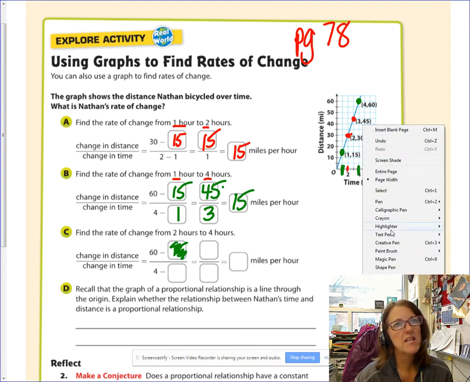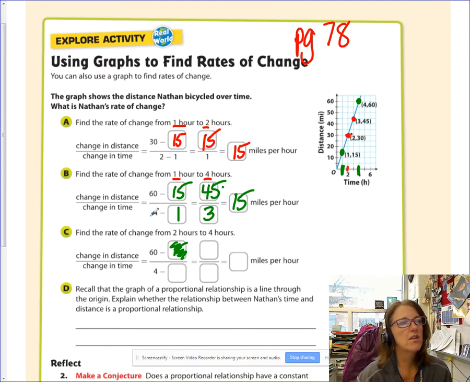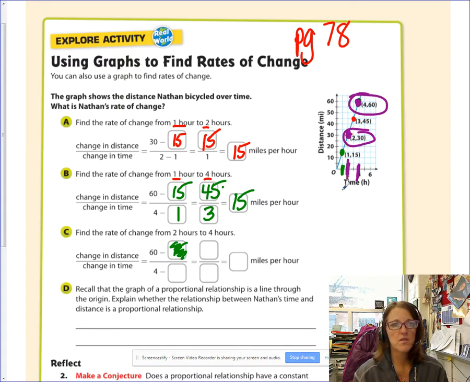All right, last one. They're asking you to calculate the rate of change from 2 hours to 4 hours. So I'm using this point and this point this time, (2, 30) and (4, 60). So my distance, I started at 30, I went up to 60. So if you find the difference, that's 30.